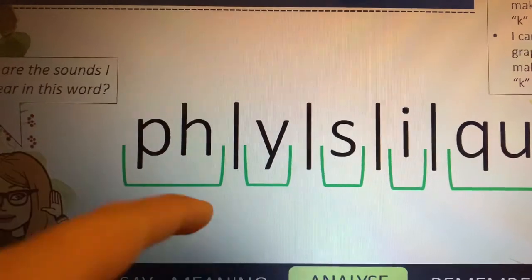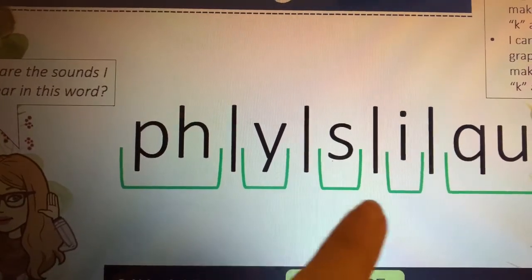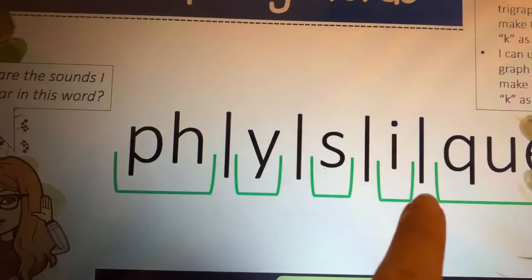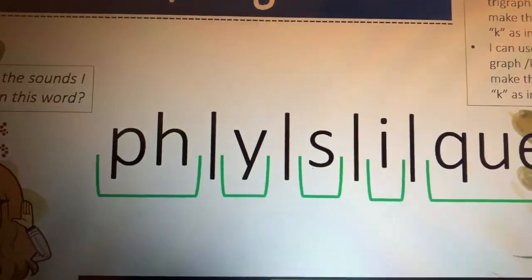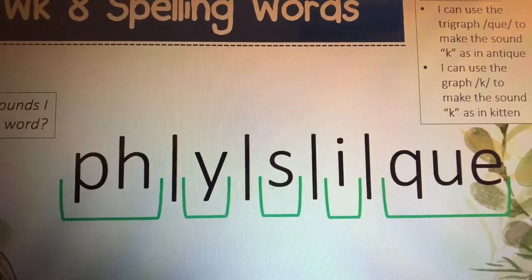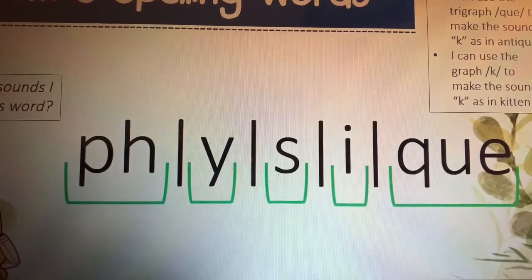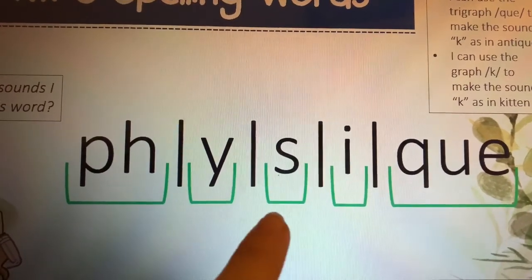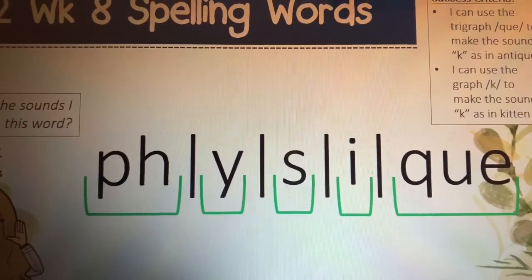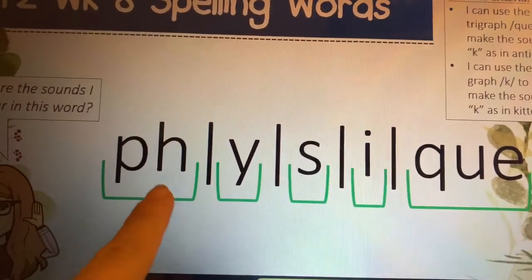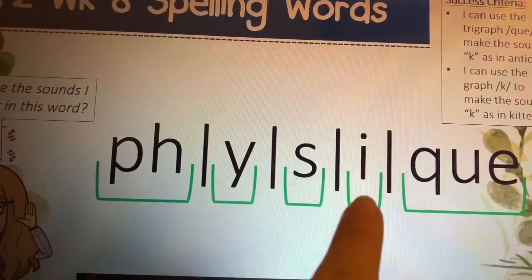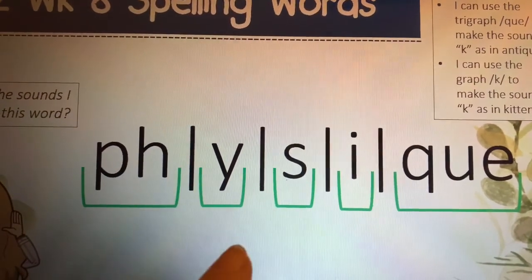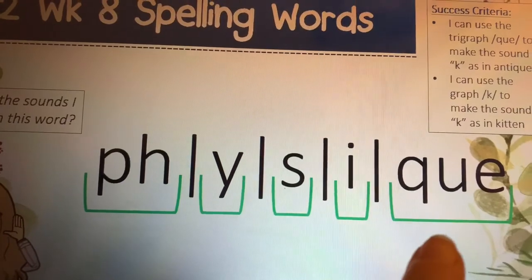We can also see that in physique, the I sound is made with the letter Y, and the E is made with the letter I. This word is a little bit tricky, but if you remember the digraph and the trigraph and these graphs, you'll be able to spell the word physique. The letters are P-H-Y-S-I-Q-U-E.